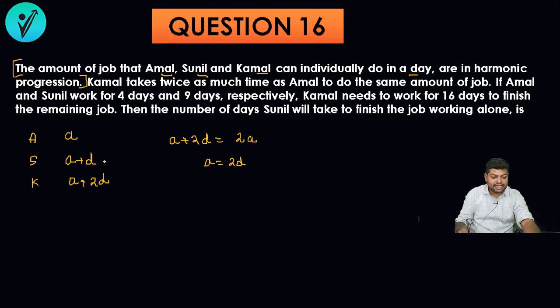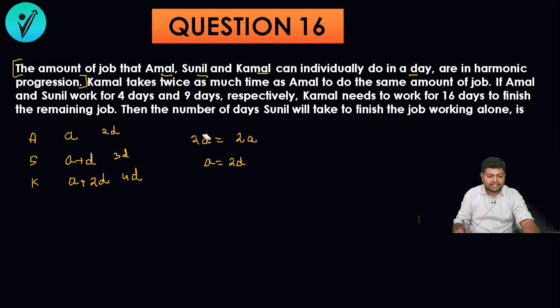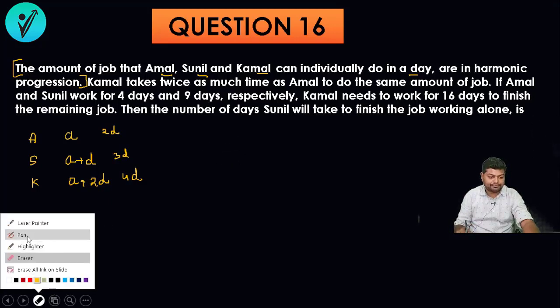So let's write in terms of D. A is 2D, A plus D will be 3D and A plus 2D will be 4D. So this is the number of days each person is taking. Amal is taking 2D days, Sunil is taking 3D days and Kamal is taking 4D days.